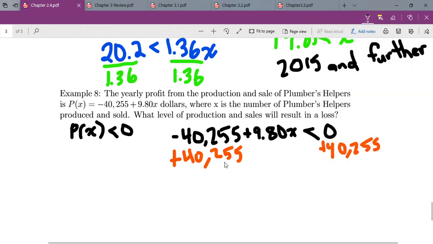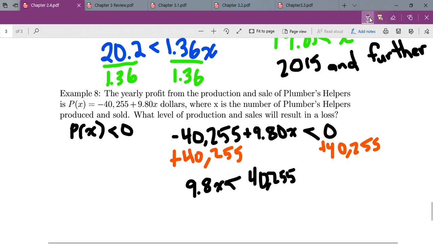When we do that, we get 9.8, I'm going to leave off the 0, you can put it on there if you want to, X is less than 40,255. If you want to put the comma in there, you can do that as well.